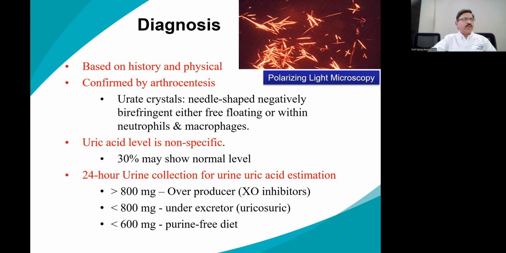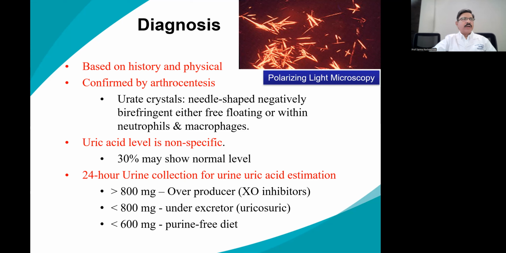You take a 24-hour urine collection and then measure uric acid in that. If the urine uric acid is less than 600, no worries, only give purine-free diet. What is a purine-free diet? I will show you. Less than 800, but more than 600, give a uricosuric drug. Uricosuric drugs are those which promote the excretion of uric acid in the kidney.